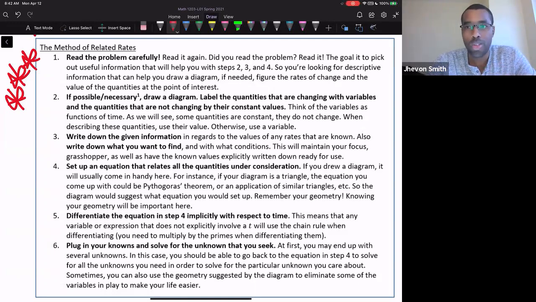The second thing you want to do after reading the problem and understanding that it's a related rates problem is to draw a diagram, if it's possible or necessary to draw a diagram.